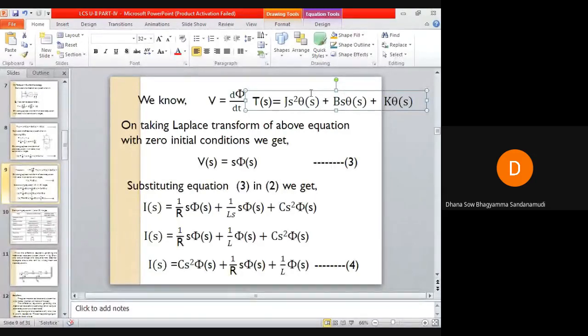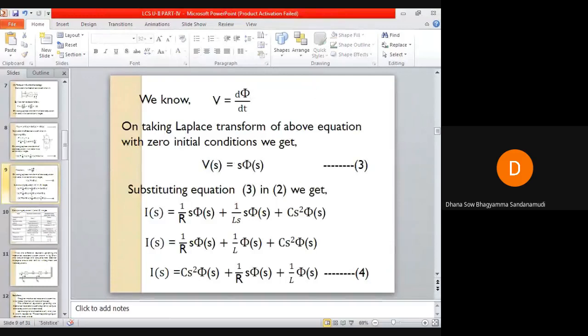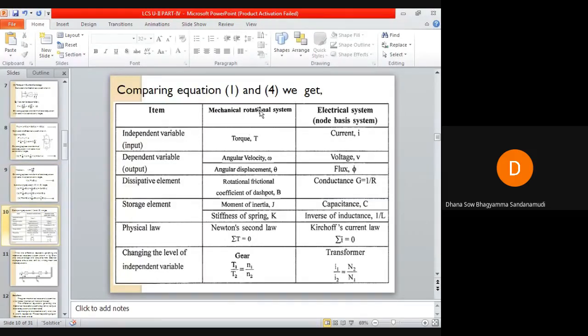So now you have got the mechanical and electrical terms which are analogous to each other. Let us see the table. Torque is analogous to current, theta is analogous to phi. So definitely angular velocity will be analogous to voltage.